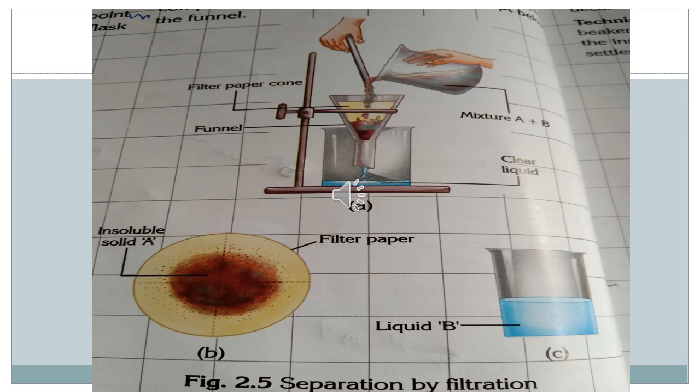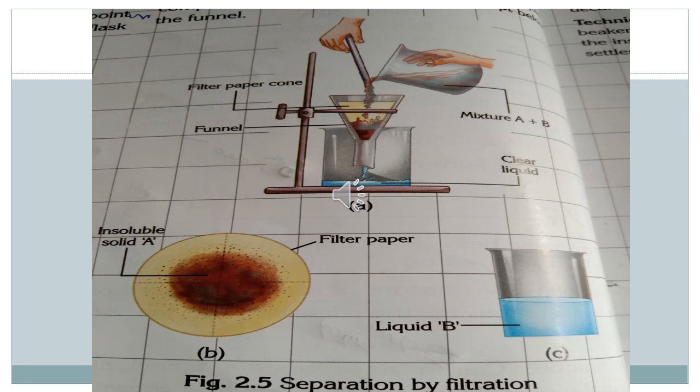Collect the liquid component B into another beaker kept below the funnel. You see that clear liquid is there. The insoluble solid A remains on the filter paper, which can be recovered on drying, whereas the liquid component B gets collected in the beaker kept below the funnel.